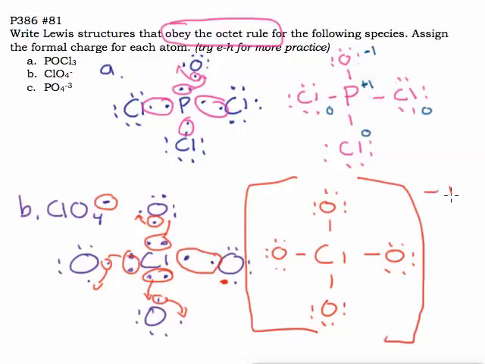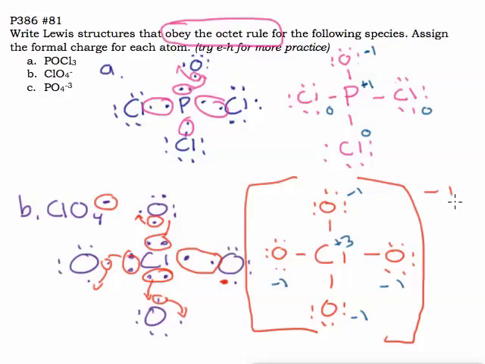If we count our formal charges, chlorine had 7, so 7 minus 1, 2, 3, 4 gives us positive 3. Oxygen has 2, 4, 6, 7, so 6 minus 7 gives us negative 1, because this is the same. They're all going to be negative 1, which gives us a total charge of negative 1 to match the charge on our compound. Let's do one more example.